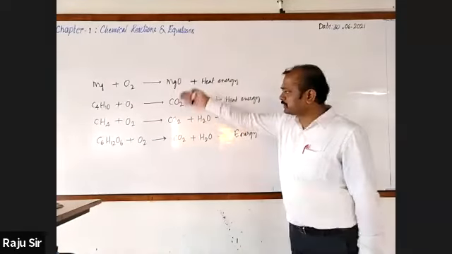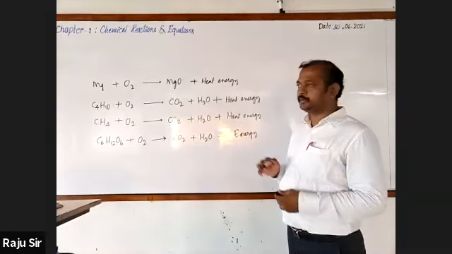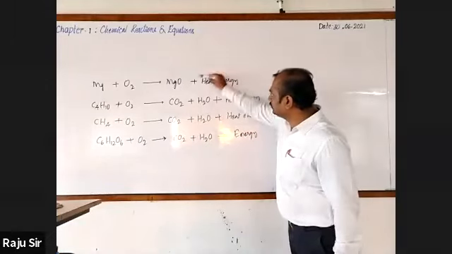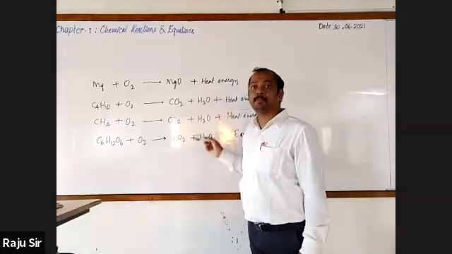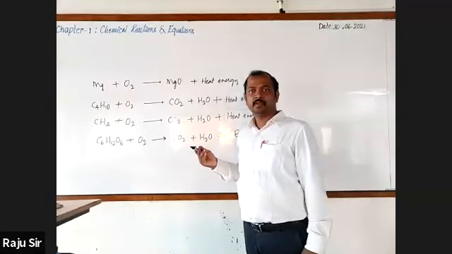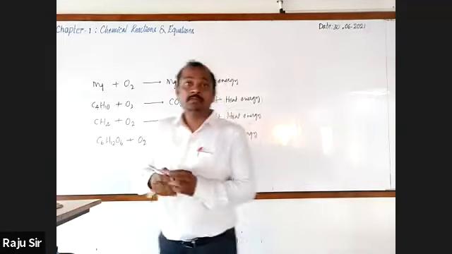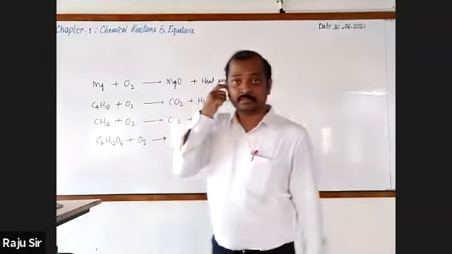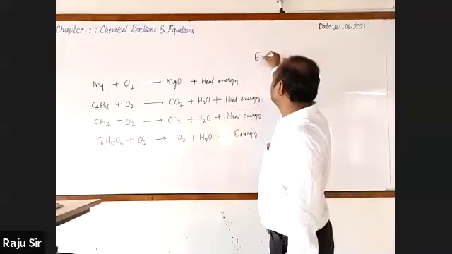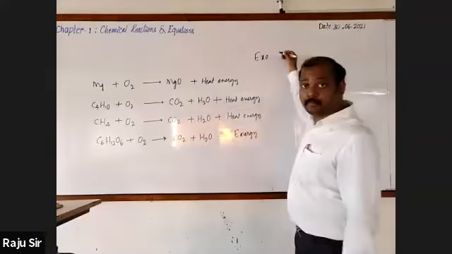Okay, in all the examples I have given you so far, you can notice that heat energy is formed along with the products, right? If heat is evolved, we call it an exothermic reaction.